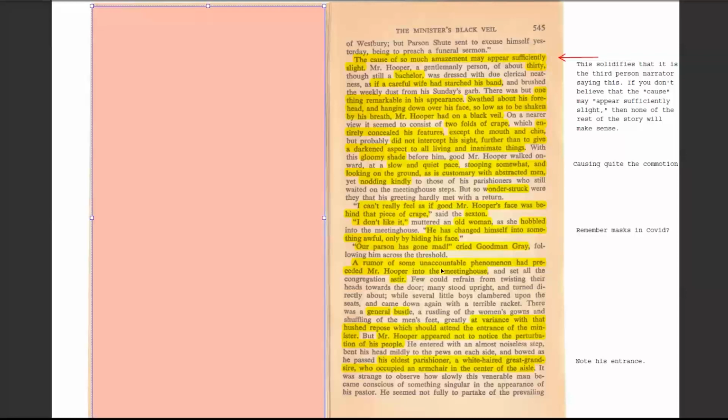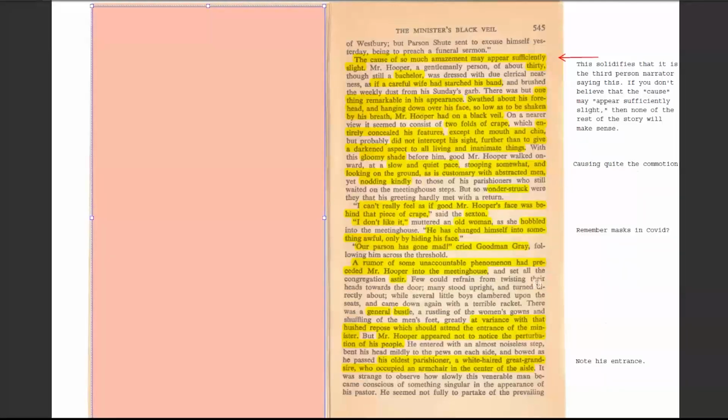A rumor of some unaccountable phenomena had preceded Hooper into the meeting house and set all the congregation astir. So apparently, you know how rumors start and they break into the meeting house. Something's going on. Hooper lost his head. It's a headless horseman. I'm kidding. So everybody's mumbling.